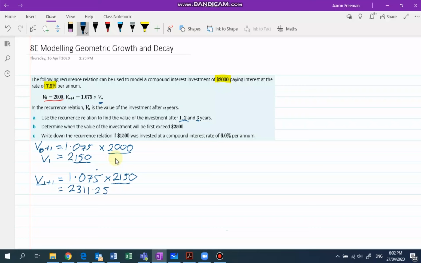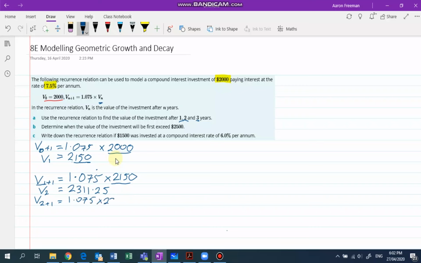Next one is going to be V2. So this here is V2. 1 plus 1 still equals 2. So V2 plus 1 is equal to 1.075 again times the value of our last recurrence relation, so V2, 2311.25.